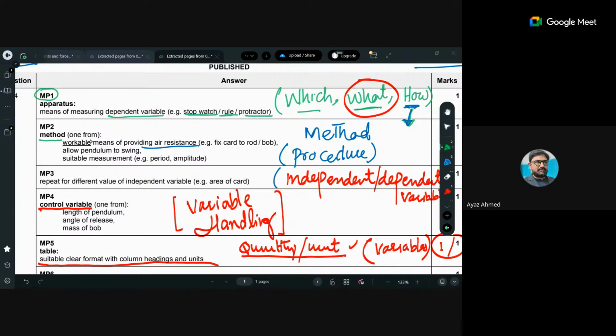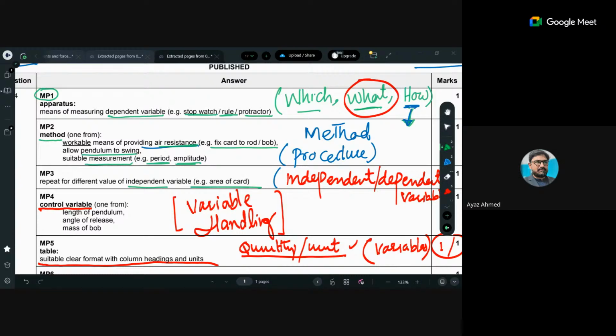Then method, one from a workable means of providing the resistance, fixed card or the rod or the bob. Then allow the pendulum to swing, and suitable measurements, time period or amplitude you can take. Then repeat for different values of the independent variable, for different areas. I have repeated, so 1 mark would be provided to you.